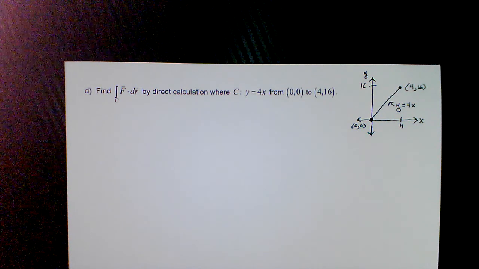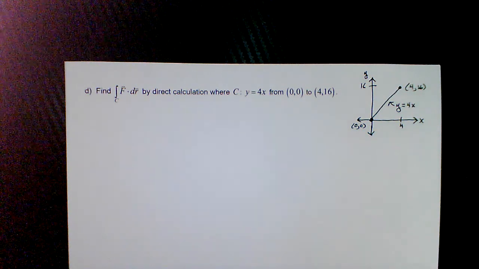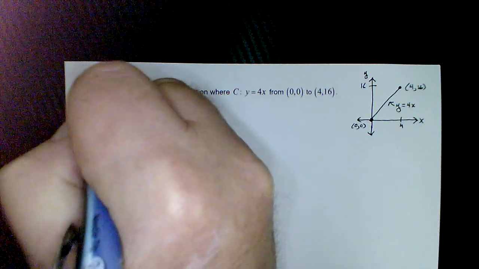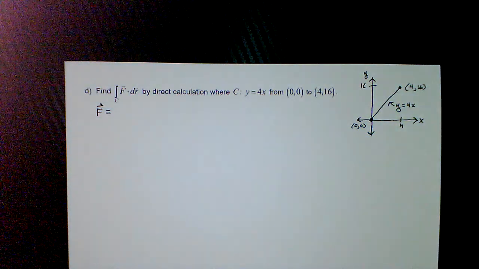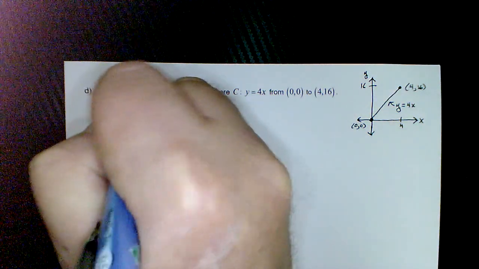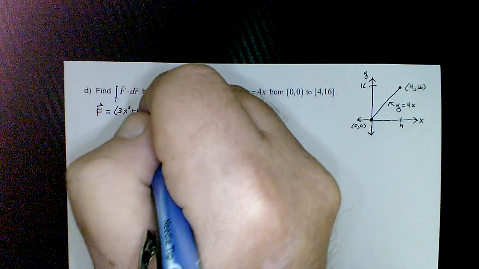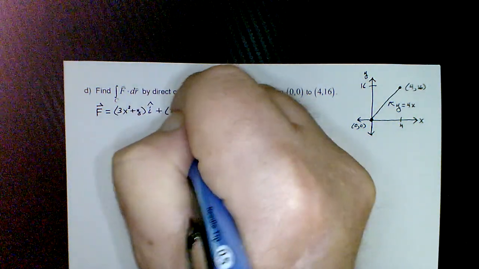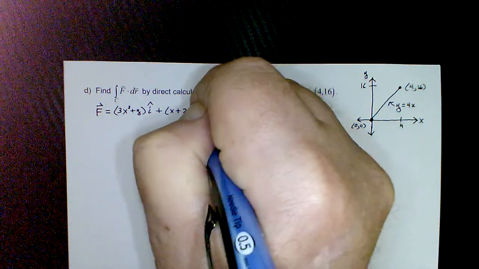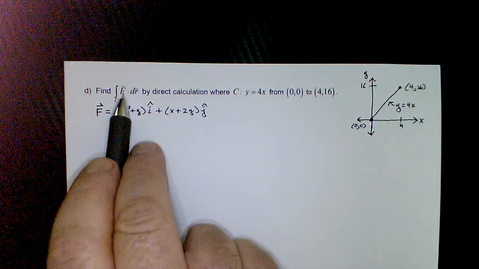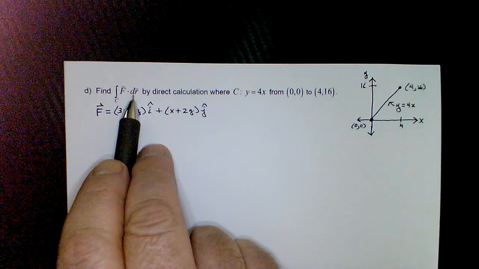So first off, we know that the function f is equal to, okay, that was the given, 3x squared plus y times i, and then plus x plus 2y times j. And we have to evaluate f dotted with r.